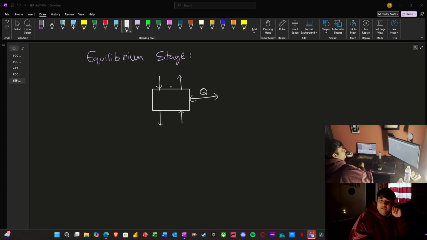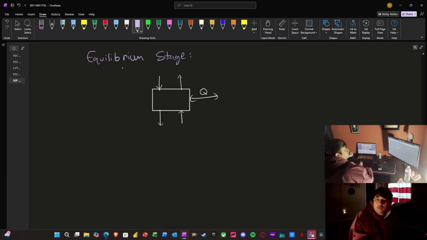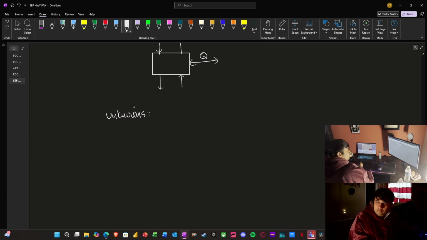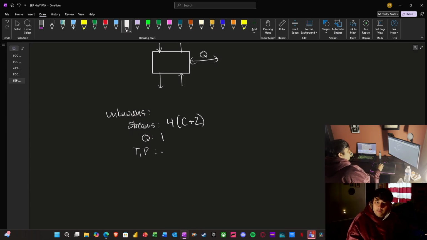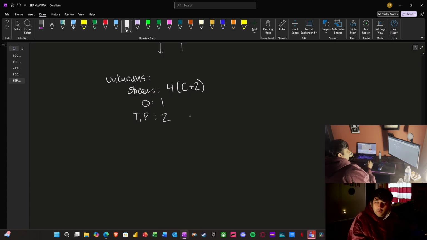Now the equilibrium stage is basically the same thing, so we get rid of that feed. So again, we'll start with our unknowns. For our stream, we will be left with 4 times C plus 2, because we're not accounting for that feed stream. Heat exchange is 1, and then our temperature and pressure is 2.